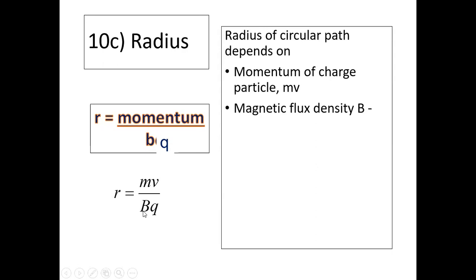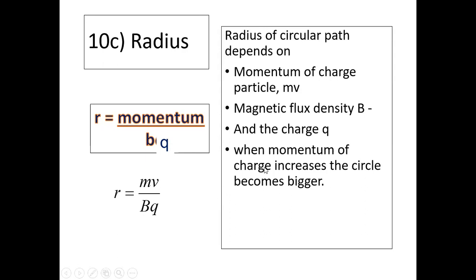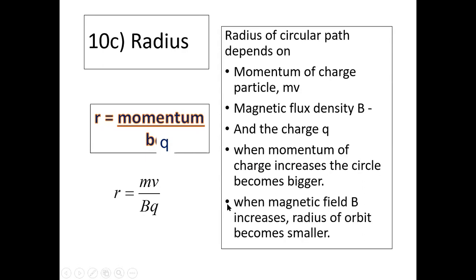If B is larger, r is smaller. If the charge is larger, the radius is also smaller. So when momentum of charge increases, the circle becomes bigger, larger radius. When magnetic field increases, the radius becomes smaller. Okay, make sure you know how to use the formula.